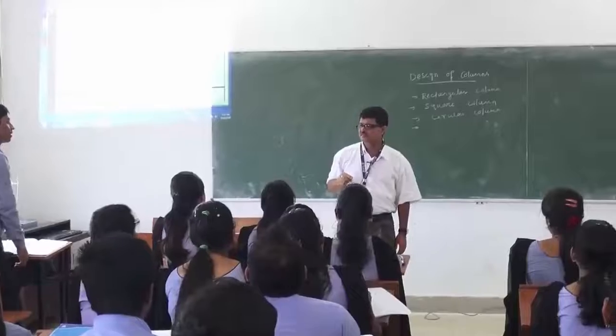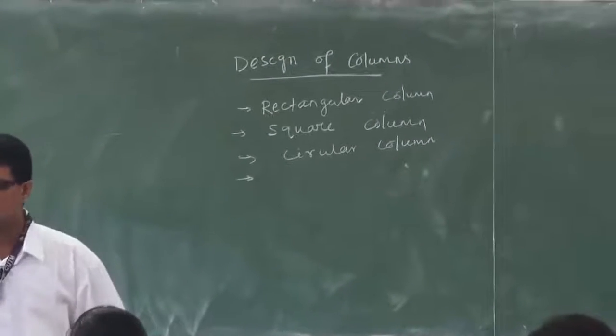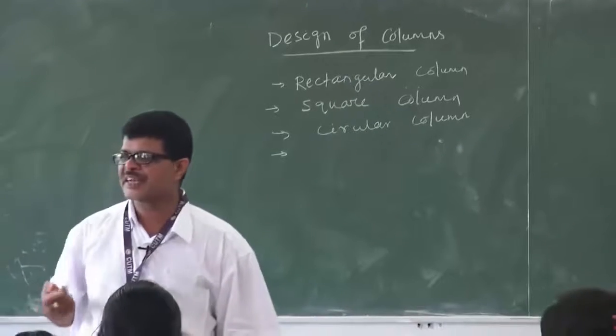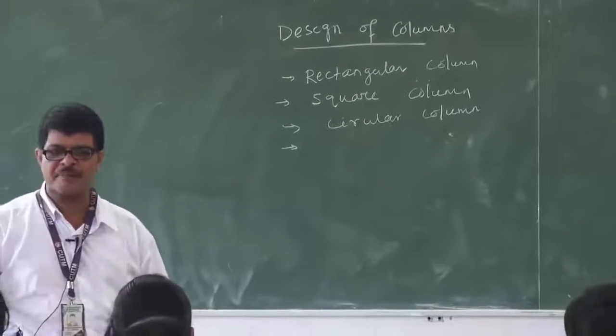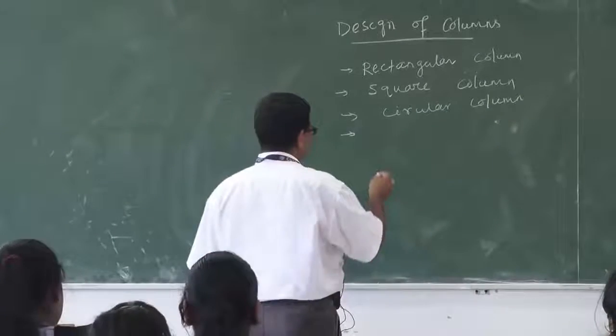Anything else? Shape wise, polygonal. It may be hexagonal, maybe octagonal, maybe pentagonal, depending on this. So, different polygonal columns.